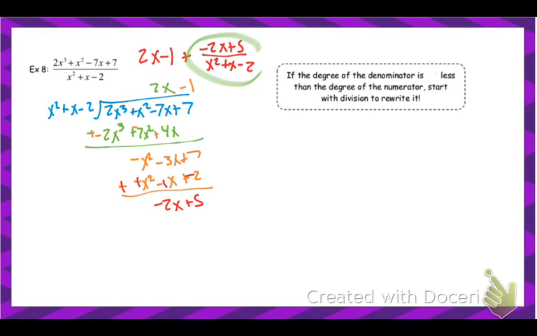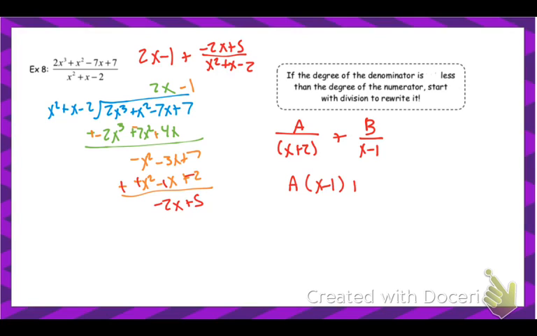And that last fraction is really pretty simple. That's very similar to the ones that we saw at the very beginning. So that factors into x plus 2 and x minus 1. So to solve this, I would do a times x minus 1 plus b times x plus 2. That's going to equal my numerator of negative 2x plus 5. And since this one's pretty simple to plug in zeros, I'll just plug in zeros.